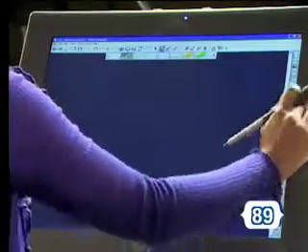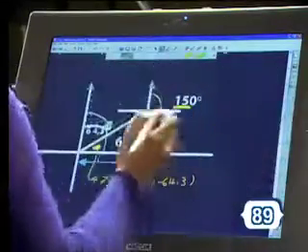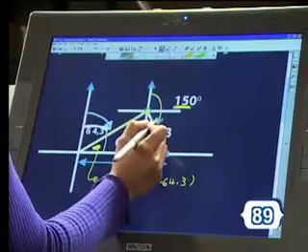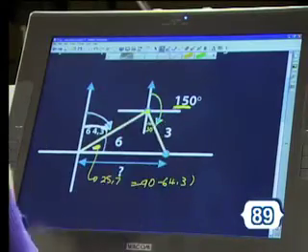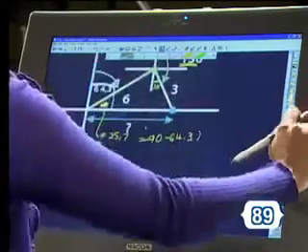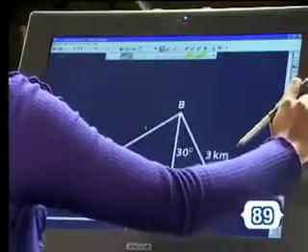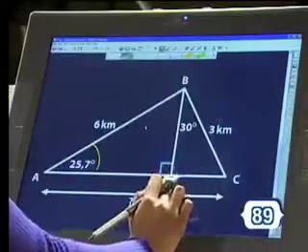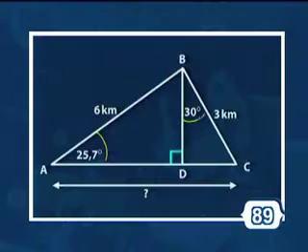Using angles on a straight line, we saw that if this bearing was 150 degrees, then this little one here inside the triangle would be 30 degrees. So therefore, at that point, we can drop a perpendicular, and we know that the angle formed between those two lines would be 30 degrees. And we know that he walked at that bearing for 3 kilometers. So therefore, the distance we are interested in is this entire distance, AC.